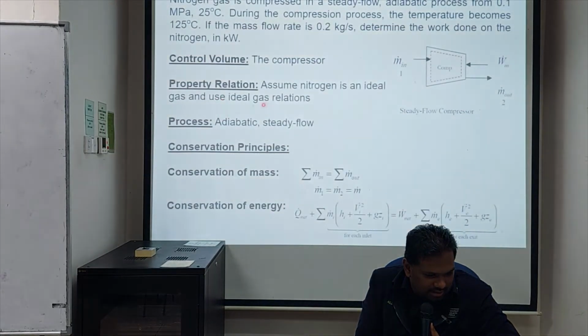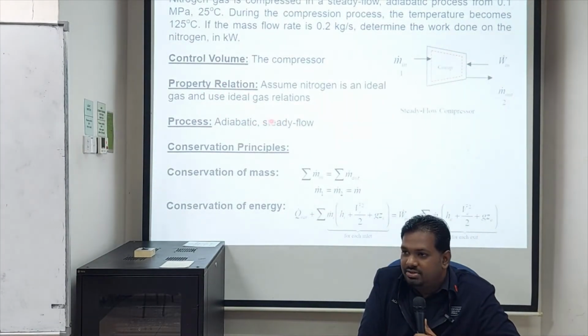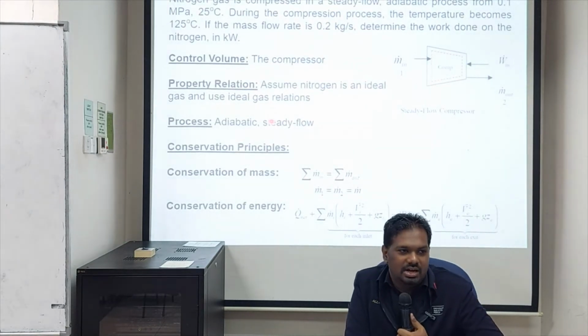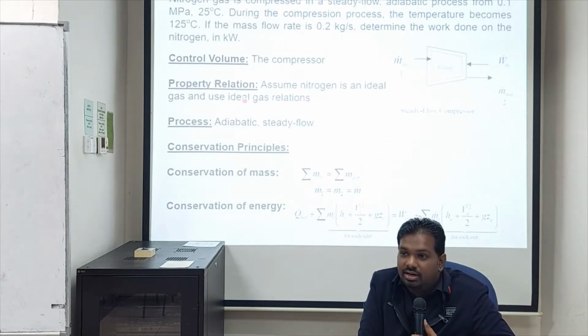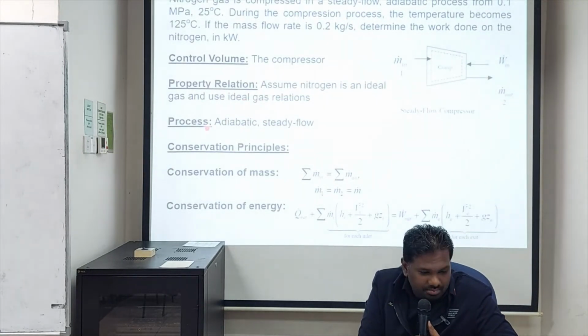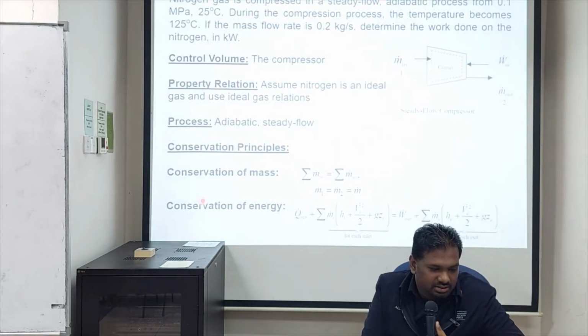Okay, so this is a property relation and ideal gas relation is used. So ideal gas equation adalah PV equals to mRT. Okay, so itu adalah ideal gas equation. So the process is adiabatic, so meaning no heat transfer and steady flow. Okay, then you masuk ke solution.